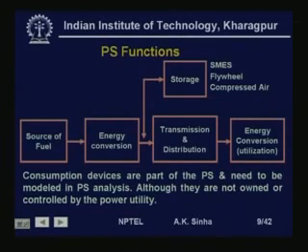So first we have the source of fuel. This is sent to an energy conversion device, from where it gets converted into electrical energy. Once converted, it is transmitted and distributed by means of wires, that is transmission lines and distribution lines, and goes up to the energy conversion devices at the consumer premises.